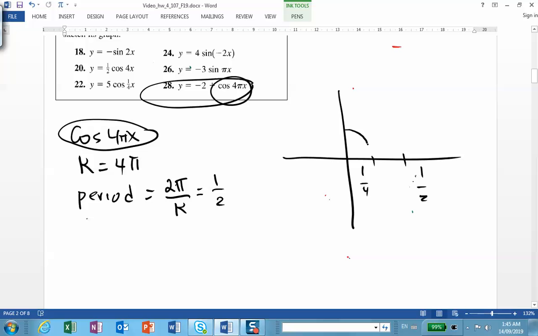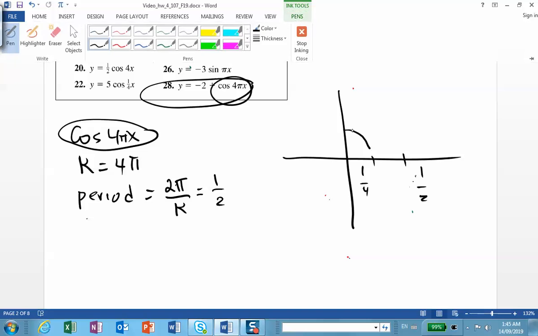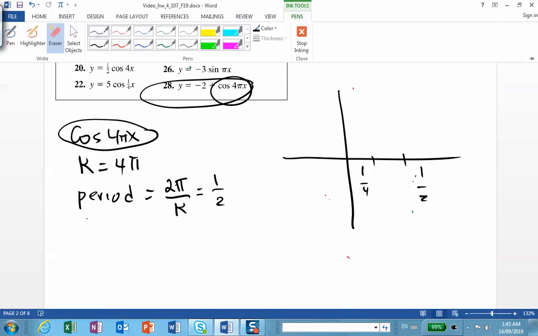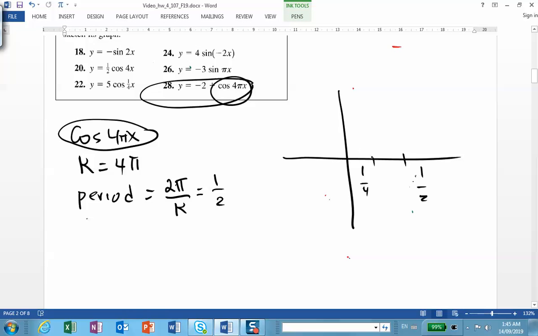Let me see now. Just a second. Gotta be careful here. Okay, there. So you gotta take one cosine and stick it in there. Remember, it has to start at 1. This is the middle point. It has to go to minus 1, and it has to go back to 1.